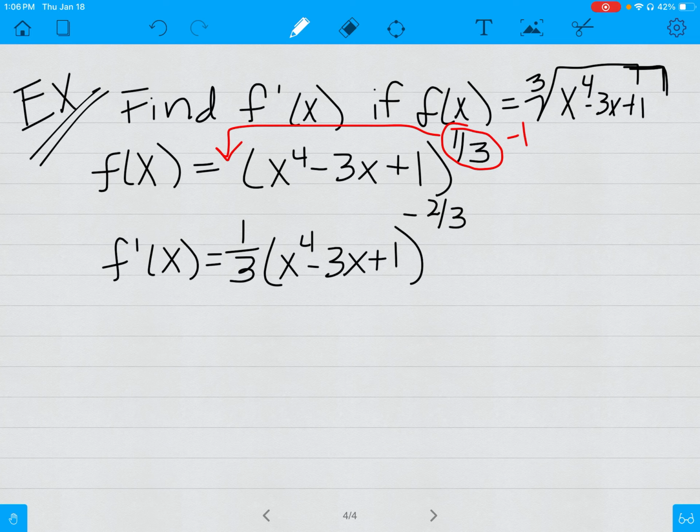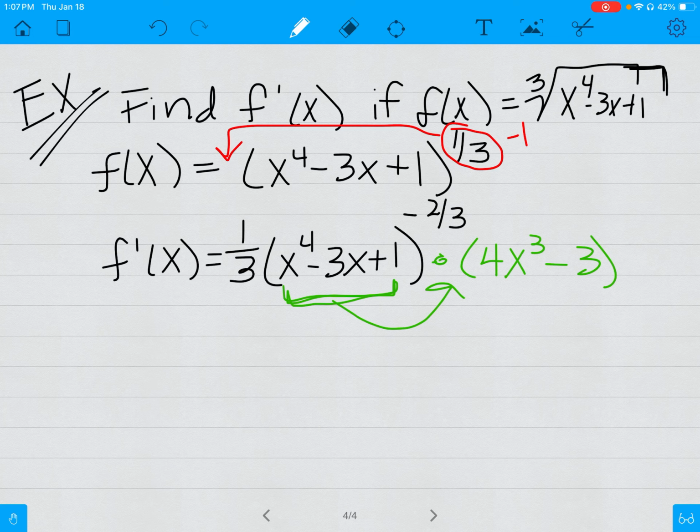And then the chain rule says, oh, wait, but don't forget about the derivative of the inside function. So we're going to have to chain out and multiply by 4x cubed minus 3, right? That's the derivative of the polynomial on the inside of the parentheses.